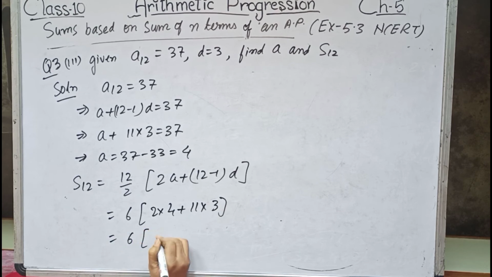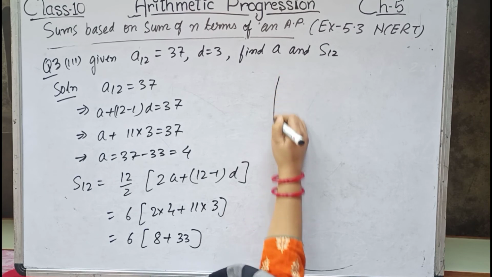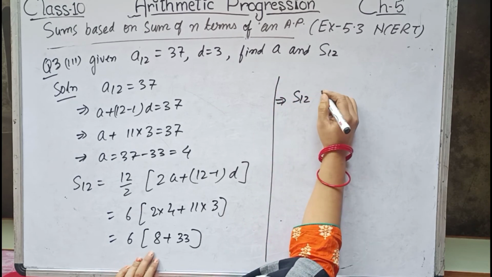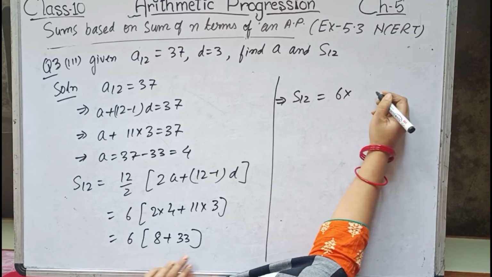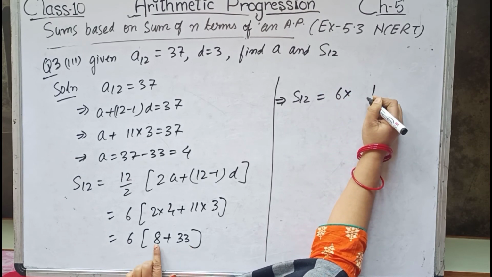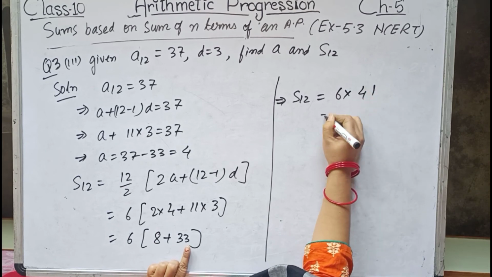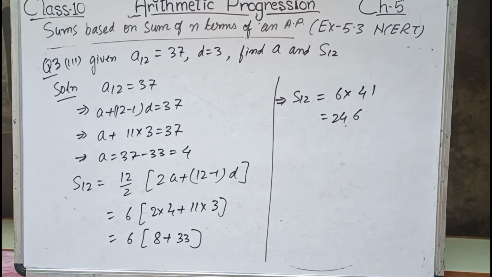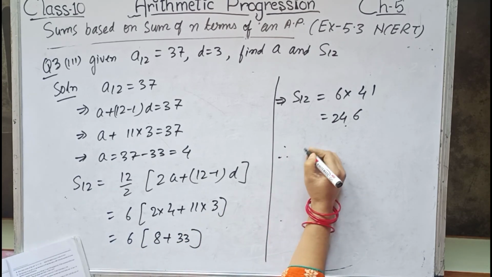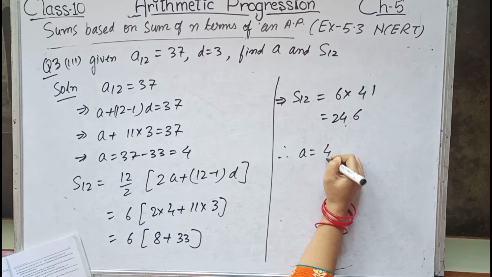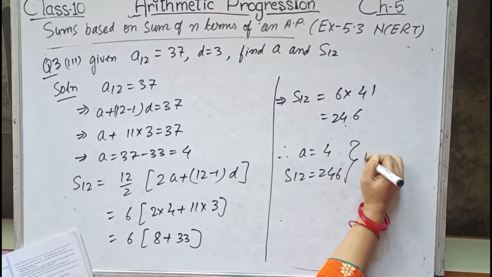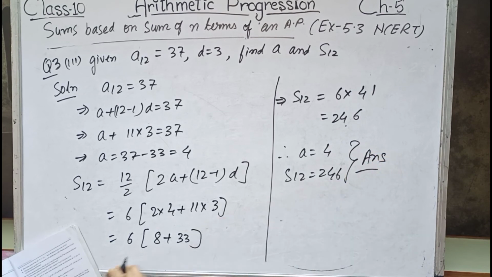So this will be equal to 6 into (8 plus 33), which is 6 into 41, that is 246. So therefore A equals 4 and S12 is 246, and this will be the answer.